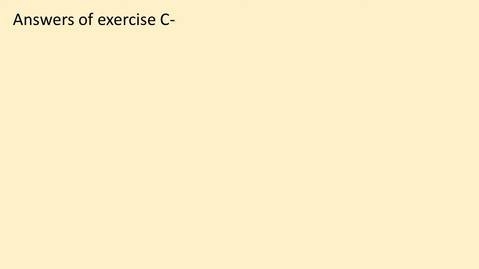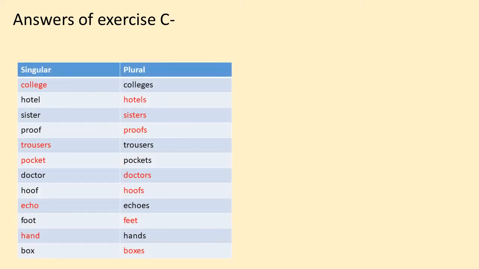Answers of exercise C. I have written them in red color, so it will highlight all the answers. In the first box, we are given the two columns, singular and plural. So the first answer is college. Second answer is hotels.